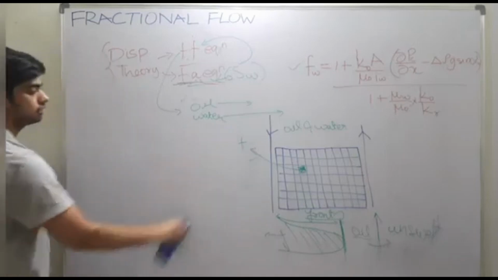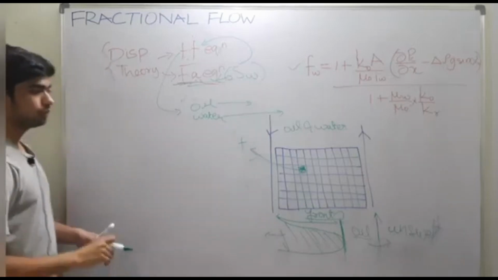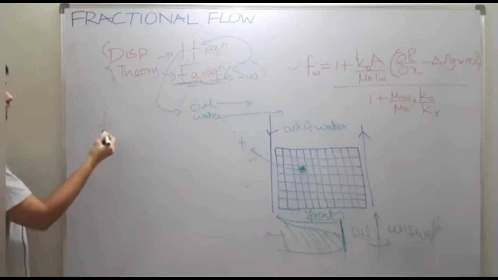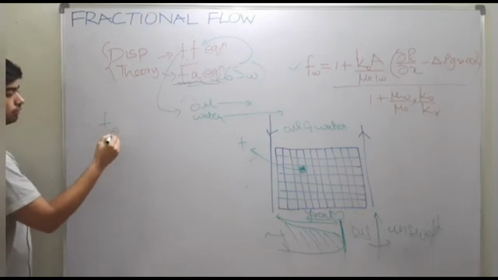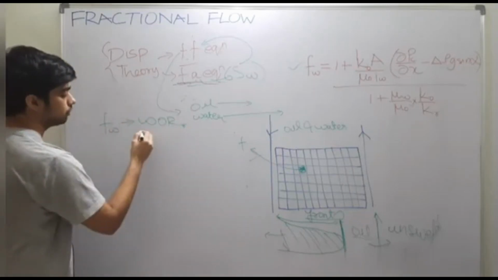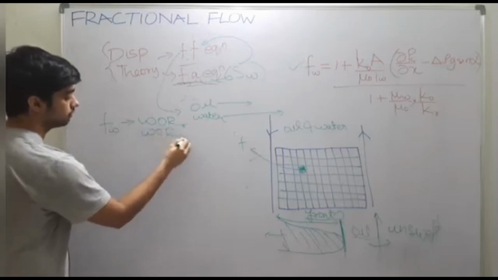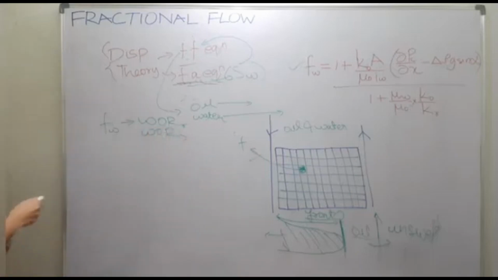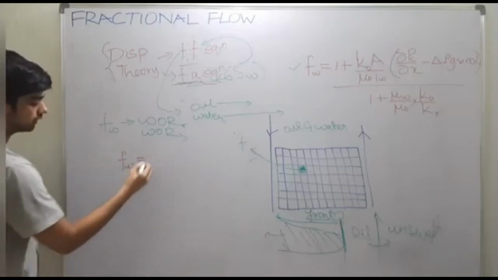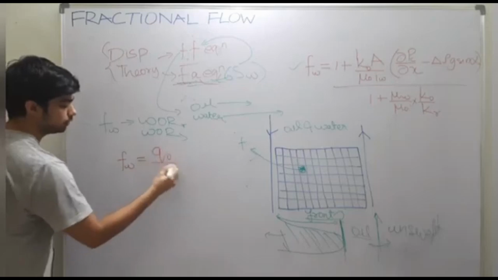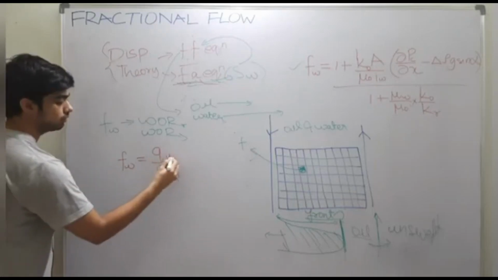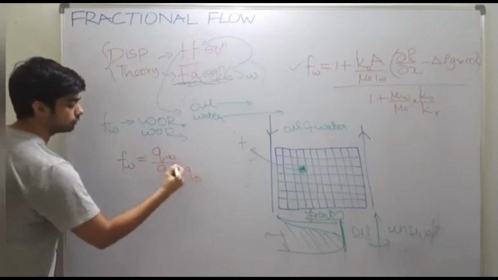Another type of question can be that they may ask you to form a relation between some of the parameters, such as fractional flow and water oil ratio at reservoir, and water oil ratio at surface. So let us take one example. Fractional flow of water can be given by QW divided by QW plus QO.